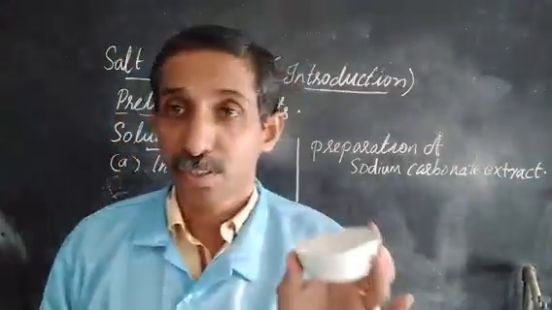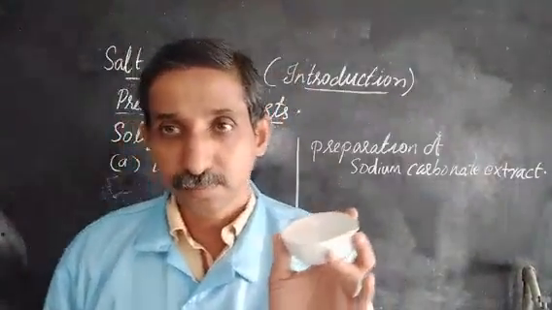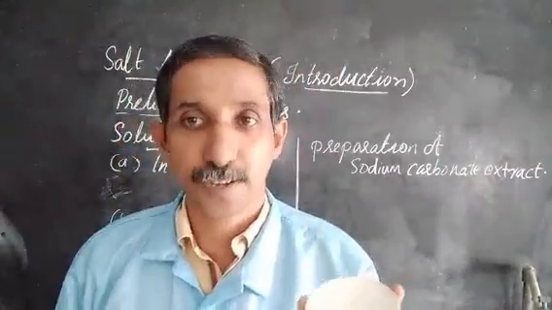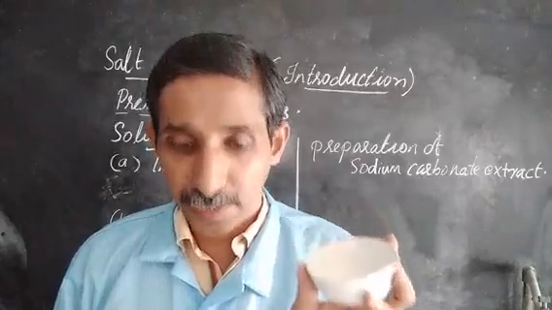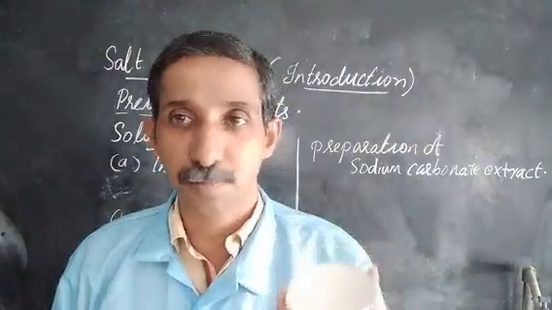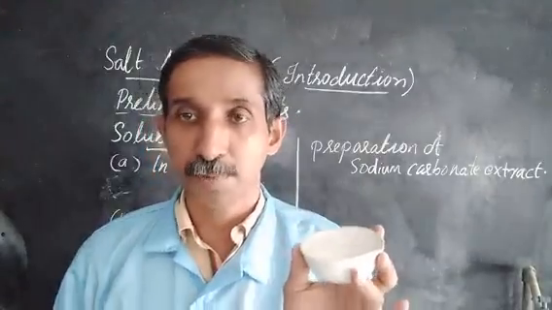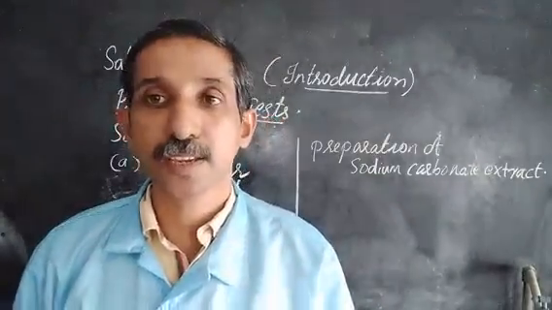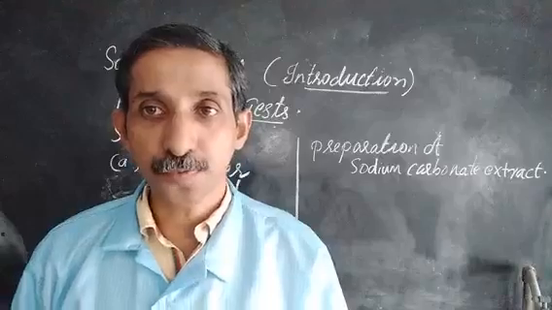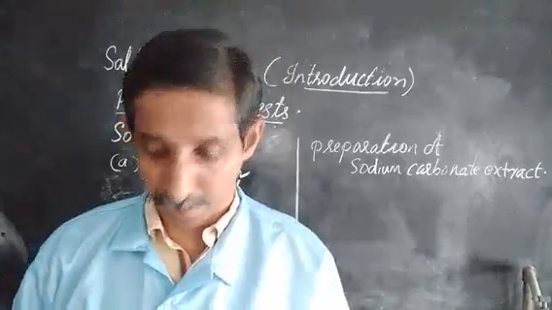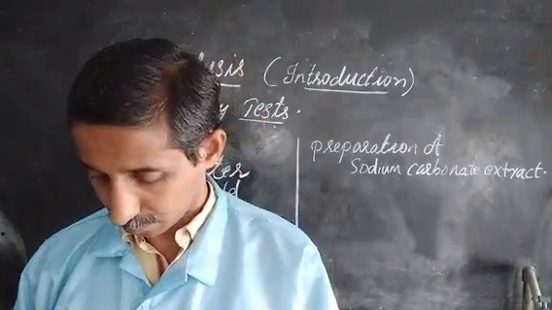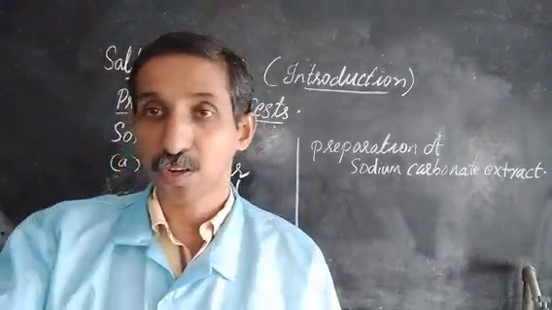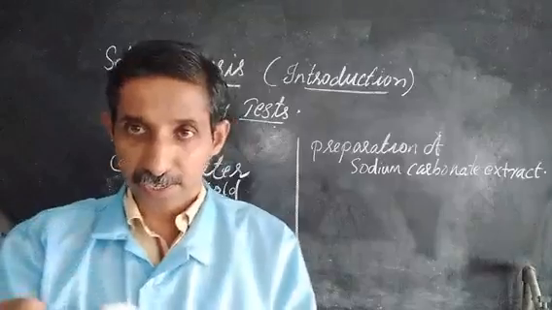So soon after noting the color and appearance of the salt, what you will be going for is to prepare the sodium carbonate extract. To prepare it, you need to take a 1:3 ratio of salt and sodium carbonate. So 1 spatula of salt is taken.